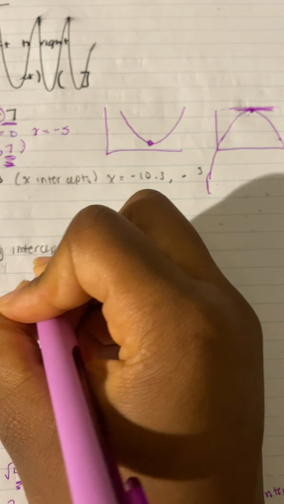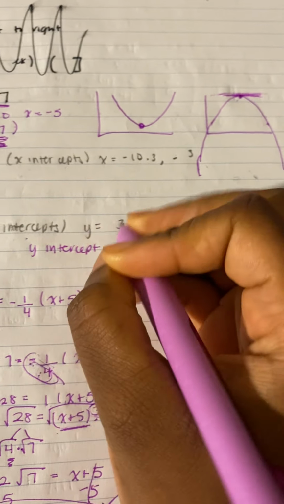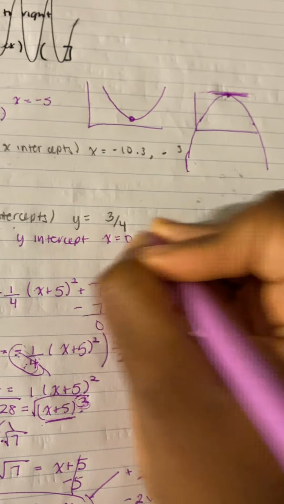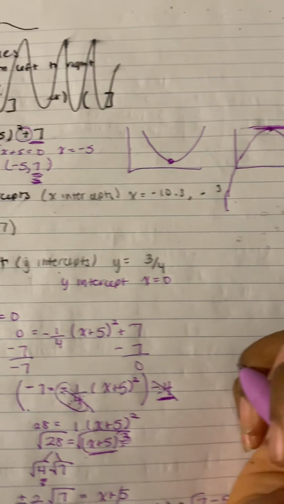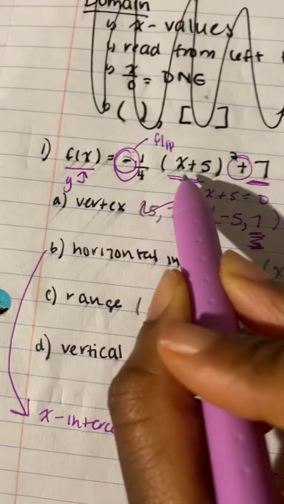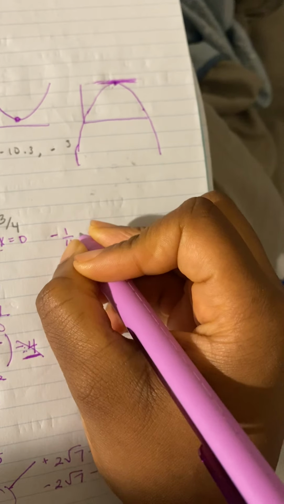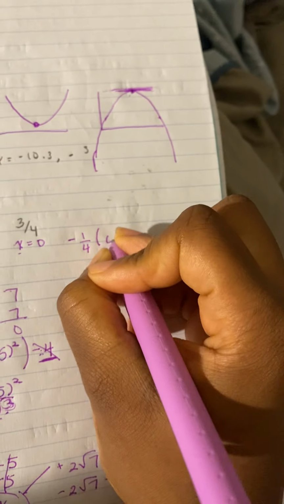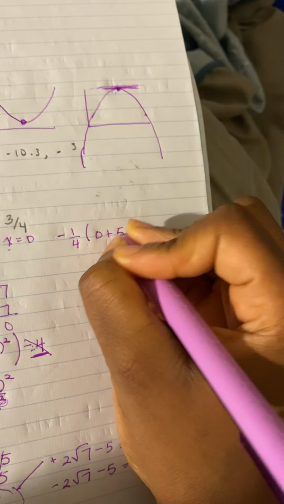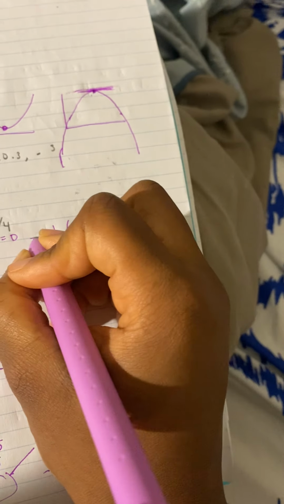Just remember, your y-intercept is found when x equals 0. So now we're going to plug in 0 into the function where we see x. So right now we have negative 1/4 times (0 + 5) squared plus 7, right?